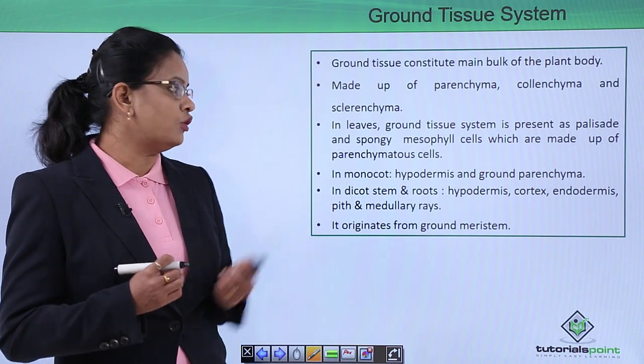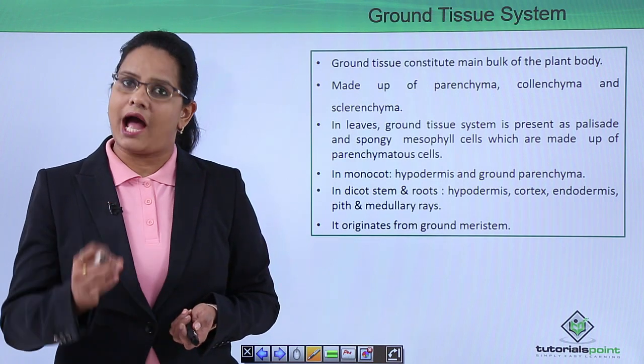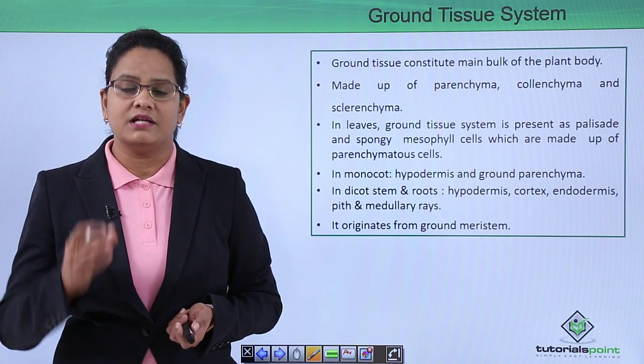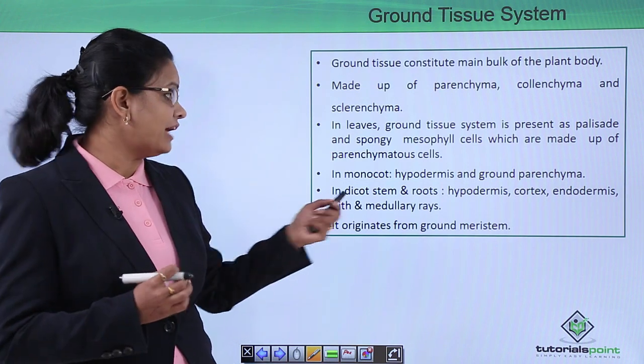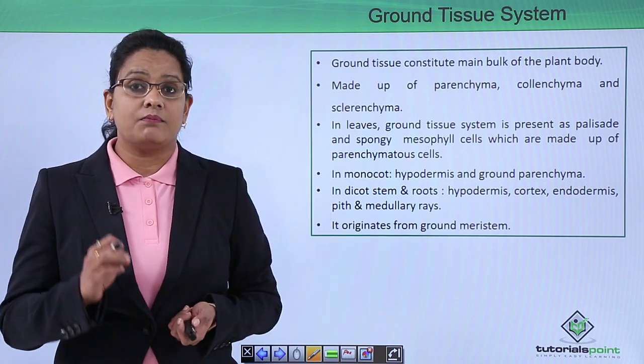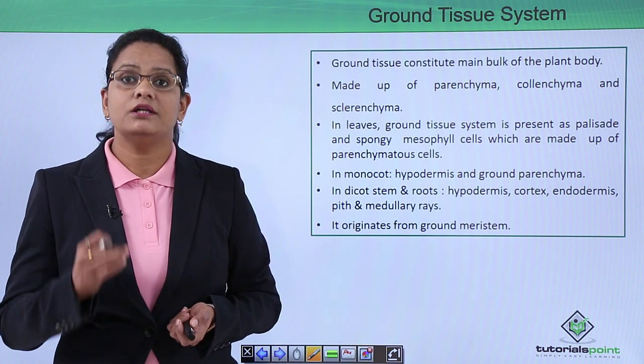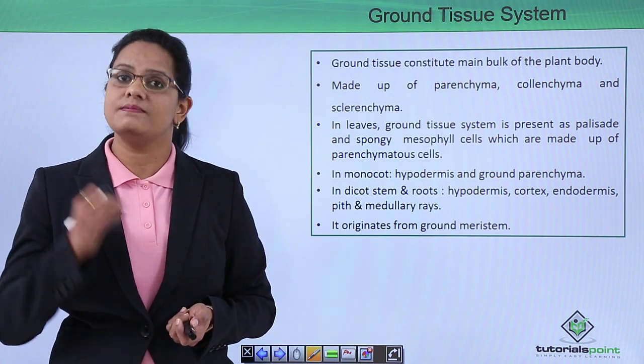In the case of monocots, it is the hypodermis and the ground parenchyma. These two parts are the components of ground tissue. In the case of dicot stem and roots, it is made up of hypodermis, pith, cortex, medullary rays, pericycle.